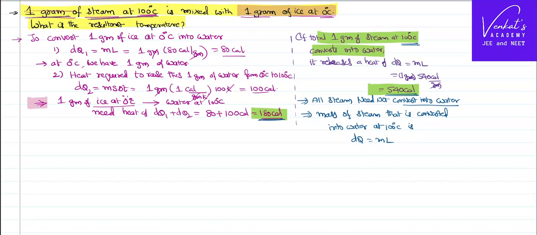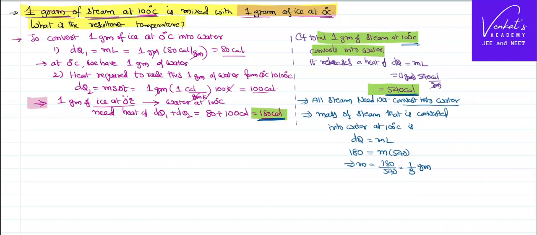How much of the heat is required? Only 180 calories. So the entire 540 is not taken, only 180 of the heat is given by the hot steam. As much as required, that much only it will give. It won't give extra. How much mass we have to calculate? Latent heat is 540 calorie per gram. That implies mass equal to 180 by 540, that is 1 by 3 of a gram.